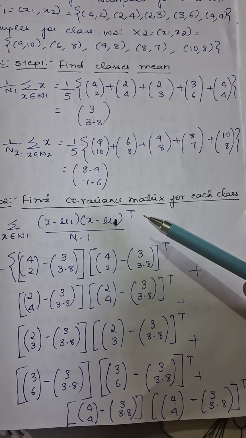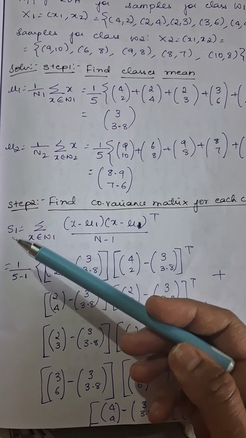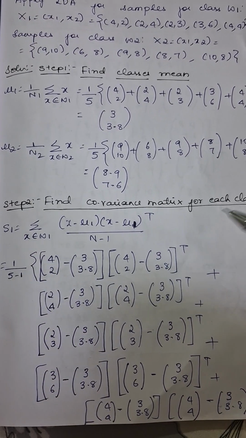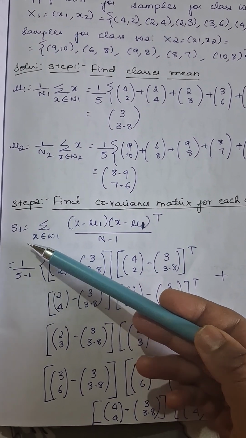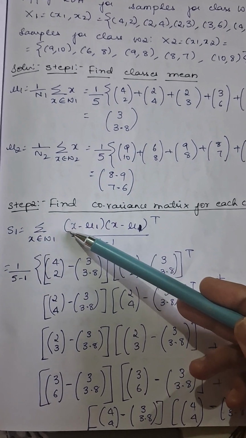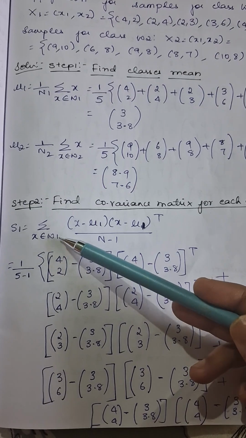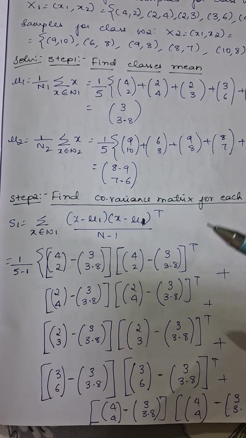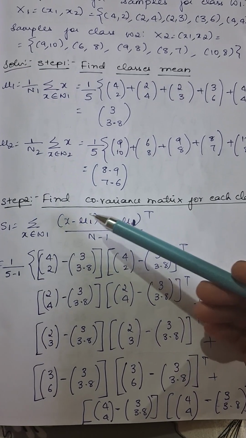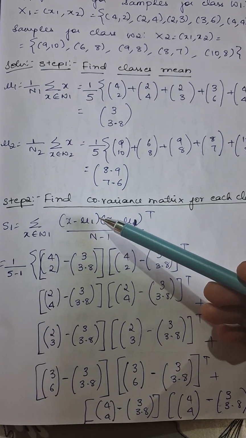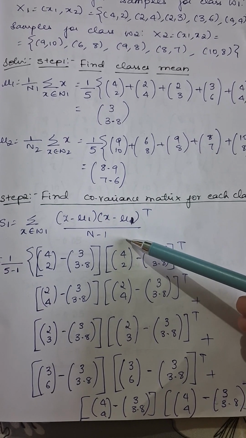Now step 2 is you have to find the covariance matrix for each class. The covariance matrix you have to find for both classes separately. S1 is the covariance matrix of class W1. So S1 is equal to summation over data points x belongs to W1, because now we are finding the covariance of class W1, of x minus mu1 into x minus mu1 transpose, divided by n minus 1.